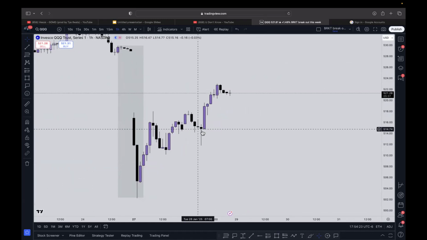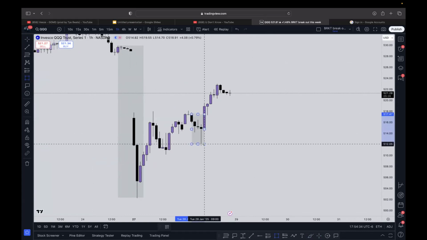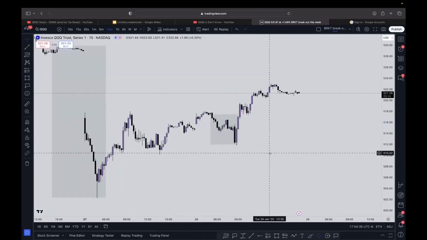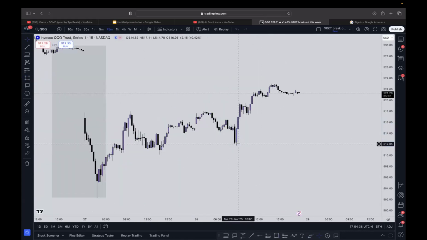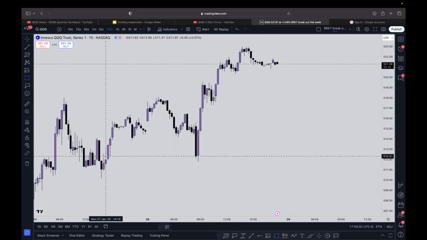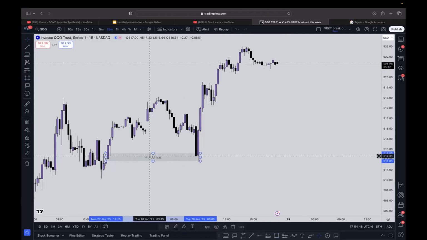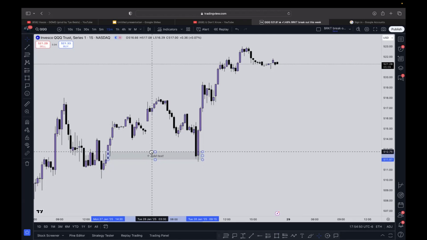So from here, within this internal structure, the trade I caught was on this push down, right within this vicinity here. The trade I caught specifically, so I sold this about right within this area, a little bit above, yeah, right here.